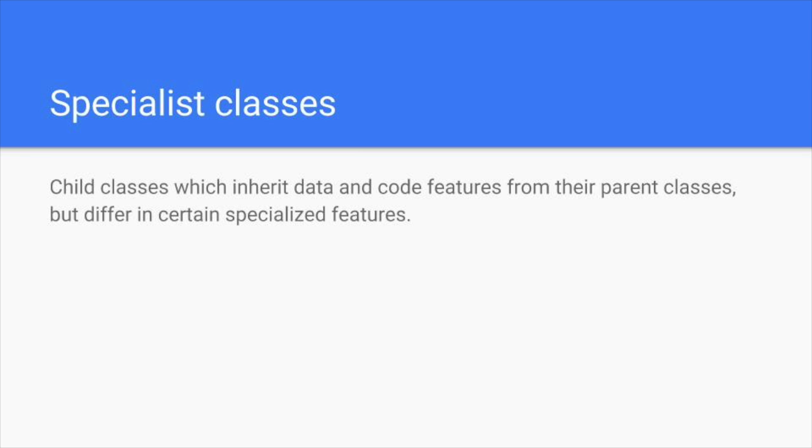Child classes can inherit the data and code features of their parent class. Specialized features can be defined for differing functionality, right? Because children are not exactly like their parents, right? Now we can create new object instances from our child classes.